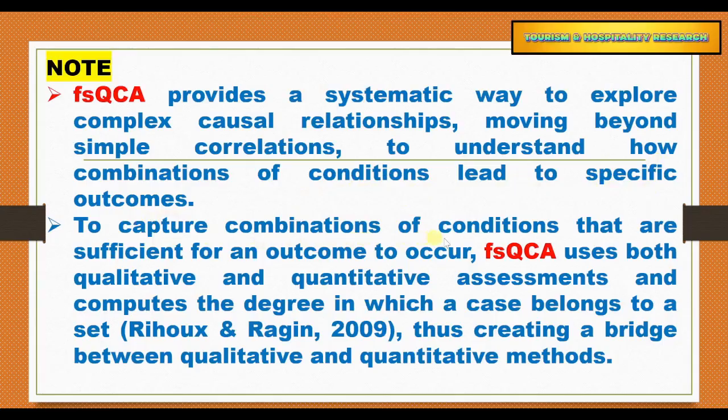To capture these combinations of conditions that are sufficient for an outcome to occur, fsQCA uses both qualitative and quantitative assessments and computes the degree to which a case belongs to a set, thus creating a bridge between qualitative and quantitative methods.